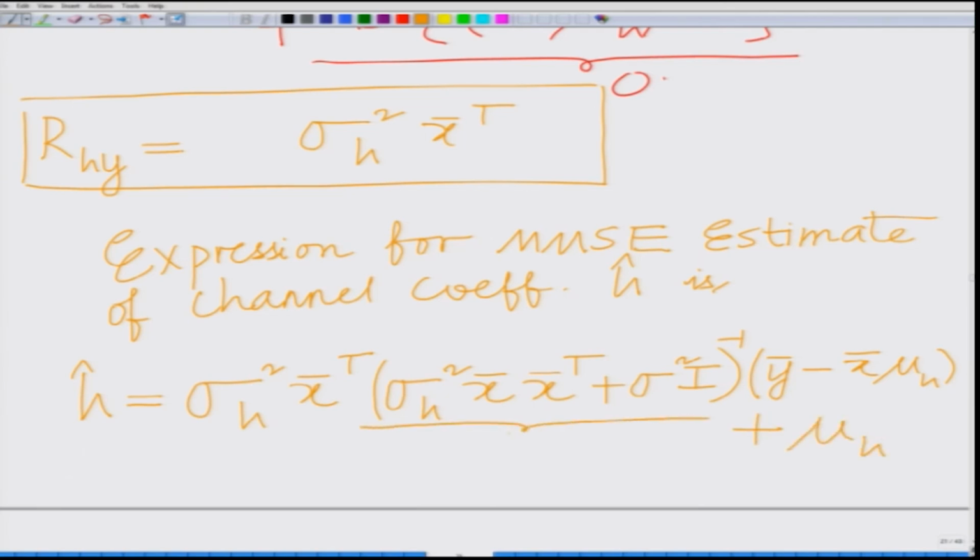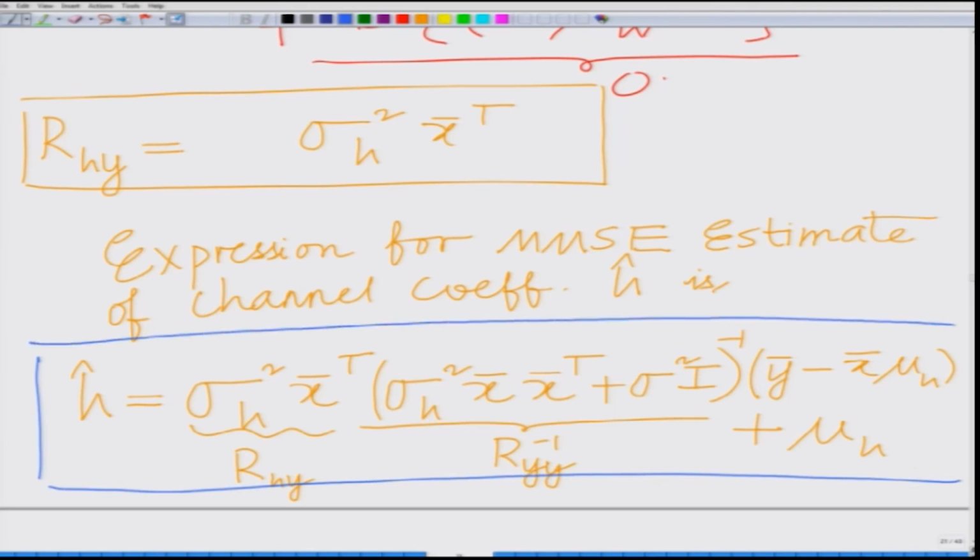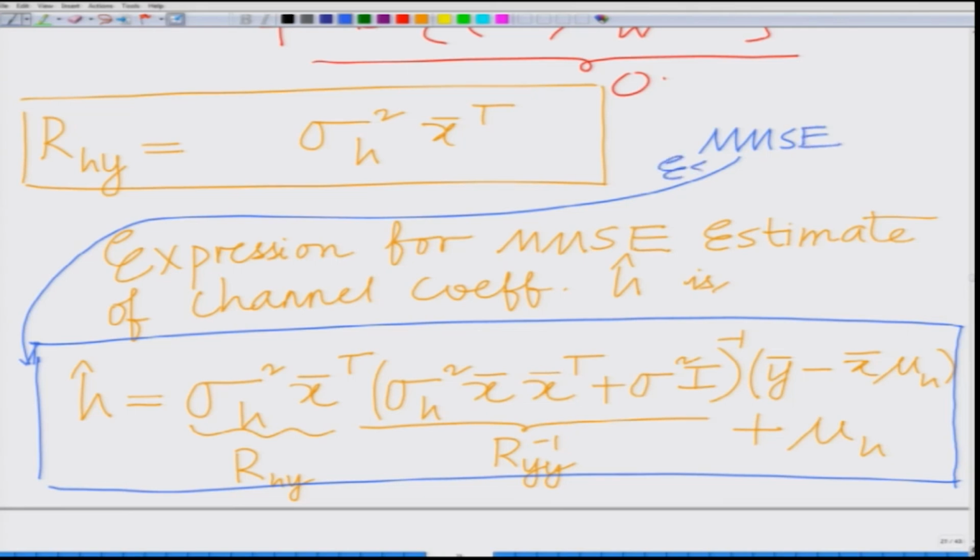And what is this? This is your R y y inverse, and this is your R h y, and this is therefore the final expression for the MMSE estimate of the channel coefficient h.